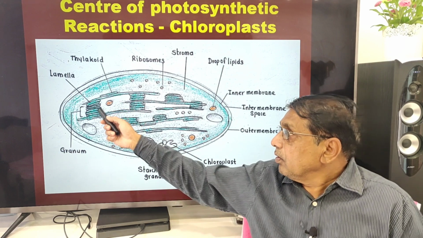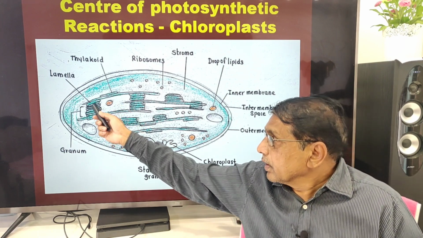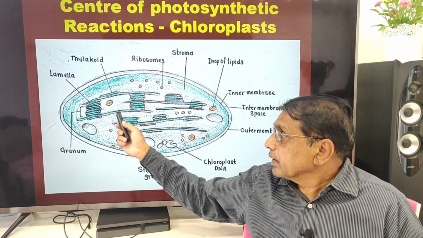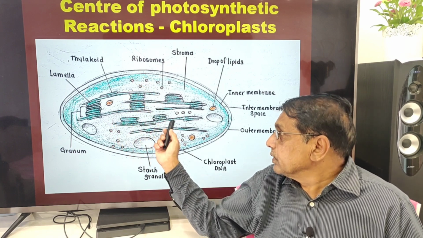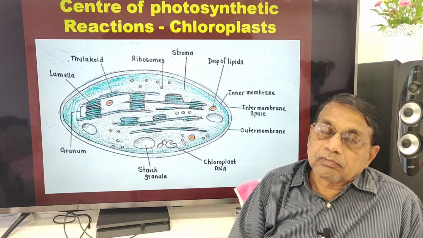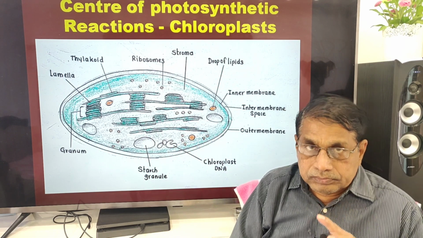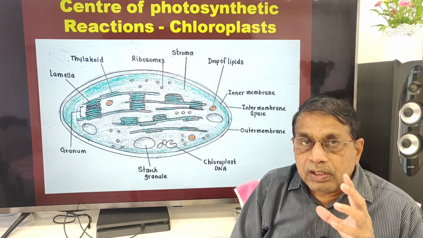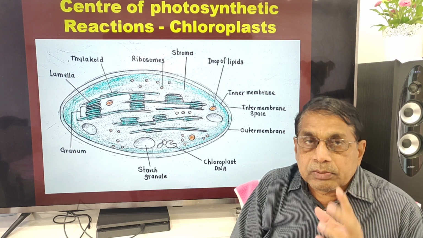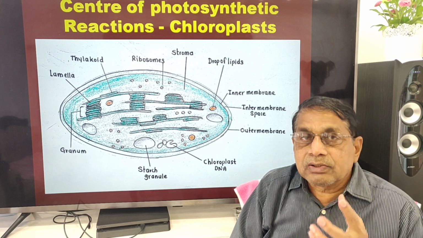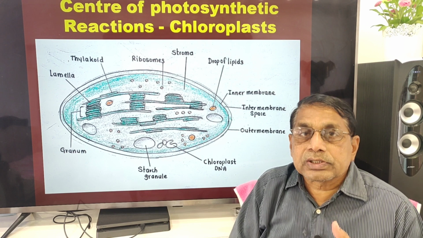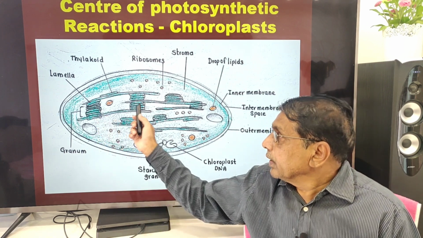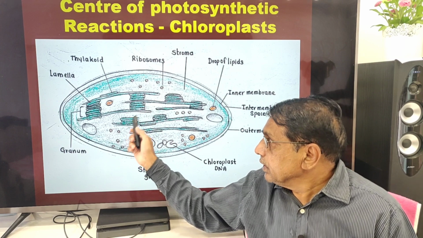Then these grana thylakoids are interconnected by stroma thylakoids. These are the regions where the active photochemical reactions take place. In other words, whatever the requirements for the photochemical reactions, they are located here.